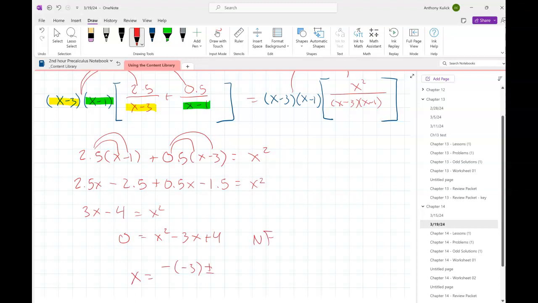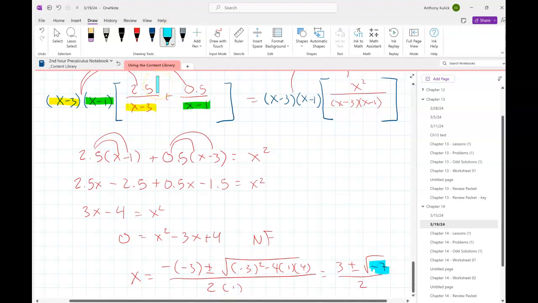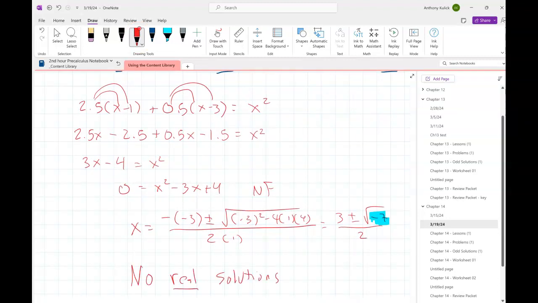I'll put that note next to it. So I get 9 minus 16. That's negative 7. Uh-oh. What happened here? So what do I say here? Well, let's add the word real in there. No real solution. Yeah, and we can be done.